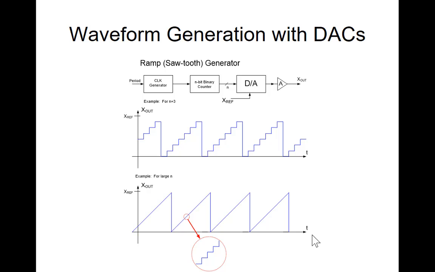If n is larger, we get a waveform like this. If you zoom in to this region here and expand it, you still see these steps in here. But these steps can be so small that you hardly notice the presence of those steps in the output waveform.